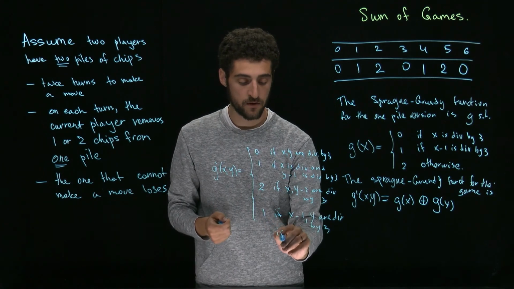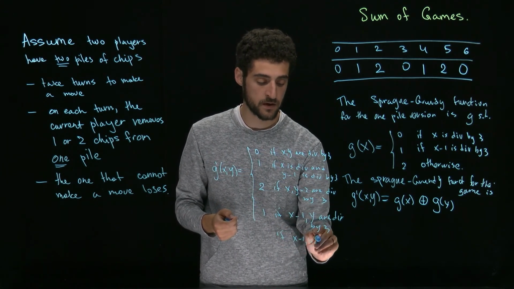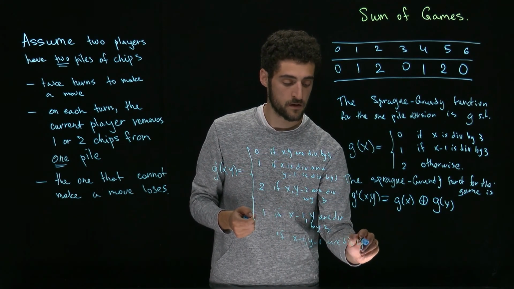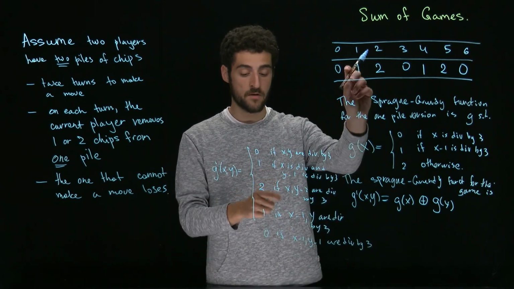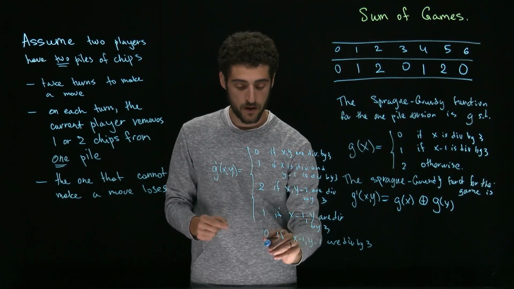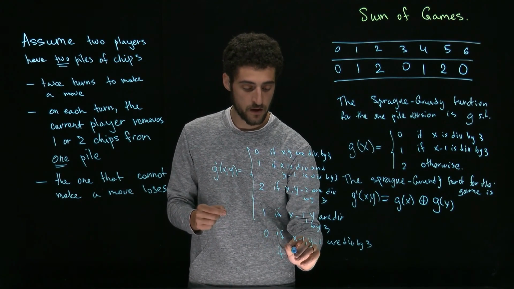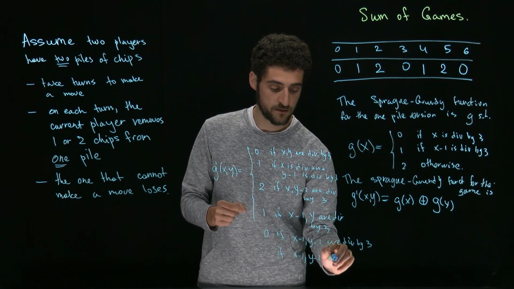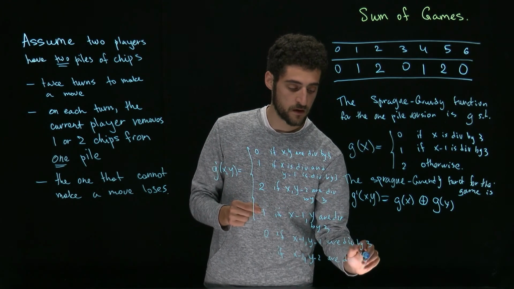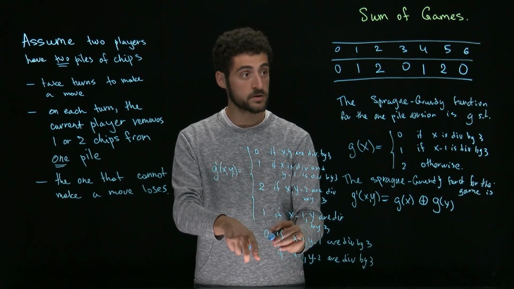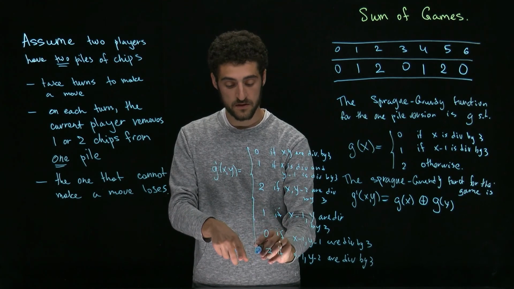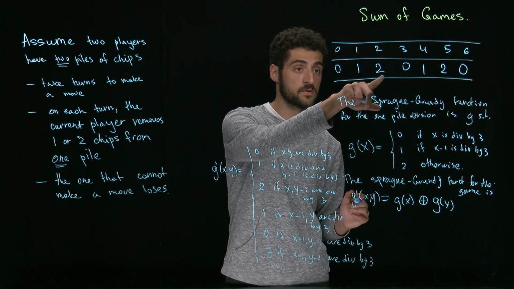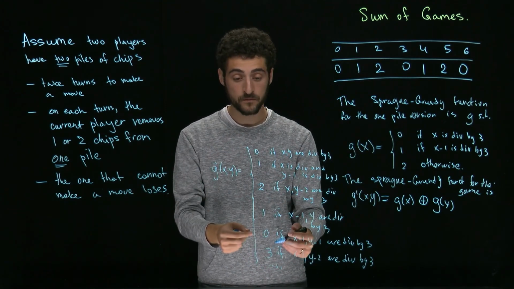And if x minus 1 and y minus 1 are divisible by 3, this is 0, just because it's a nim sum of 1 and 1. And if x minus 1 and y minus 2 are divisible by 3, then it's equal to 3, because it's a nim sum of 1 and 2, which is 3, and so on.